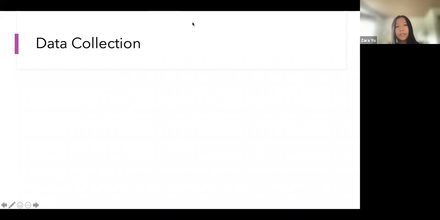So the next thing we want to look at is data collection. How would you go about collecting your data? And if you say something like websites, try listing some websites you can look at online. You can actually do a little bit of desk research right now if you want.